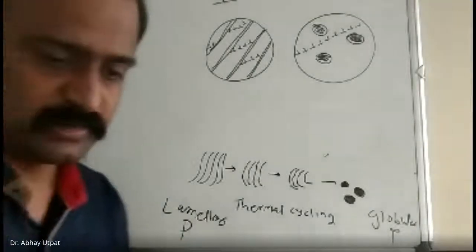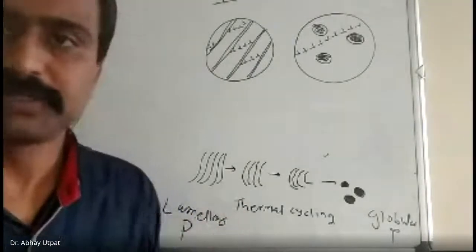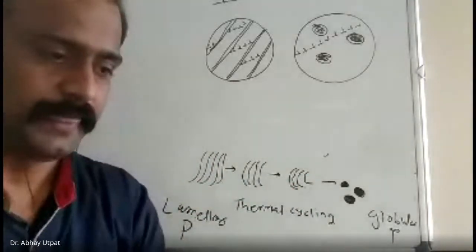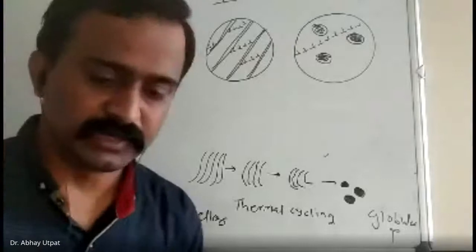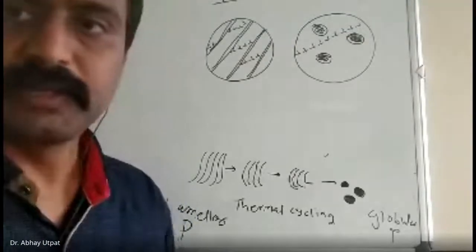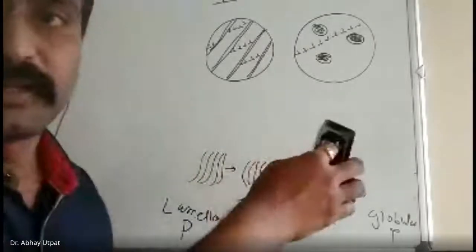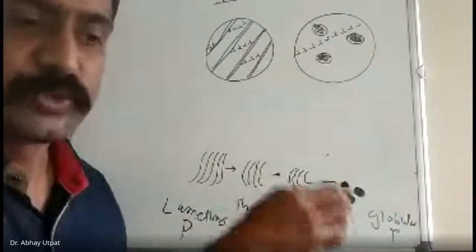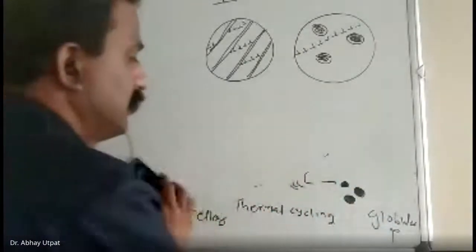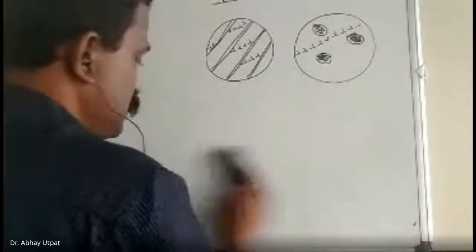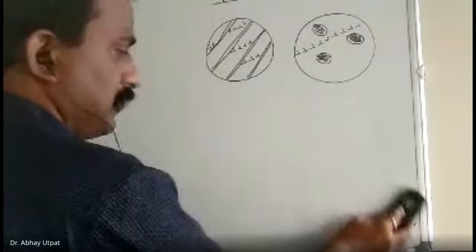Now, last point, 3-4 minutes are required. Next line, write down: Patenting, and isothermal annealing. In the last lecture, you have drawn the temperature versus time diagram.